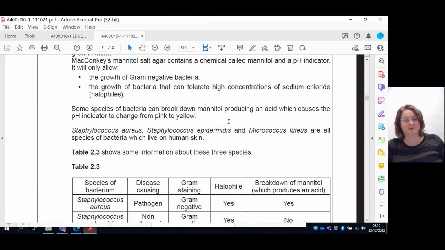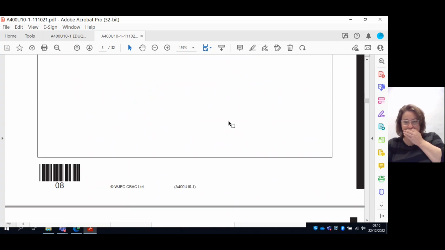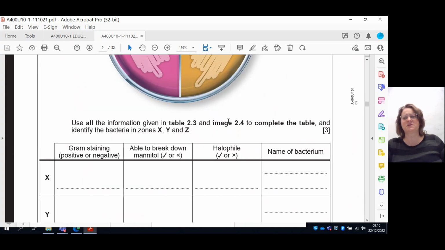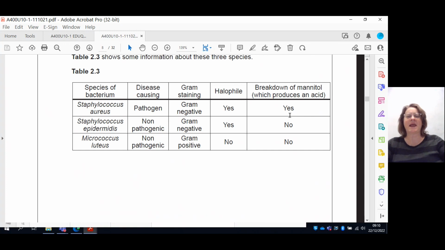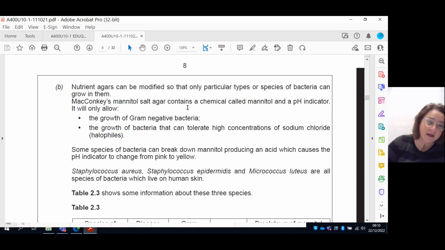Last bit of the question, which kind of gives you that whole layout, the whole setup. So the nutrient agar can be modified. So that is expecting you to have a little thought process and read and apply what you know about bacteria to that situation. It will tell you that one here is a salt agar.